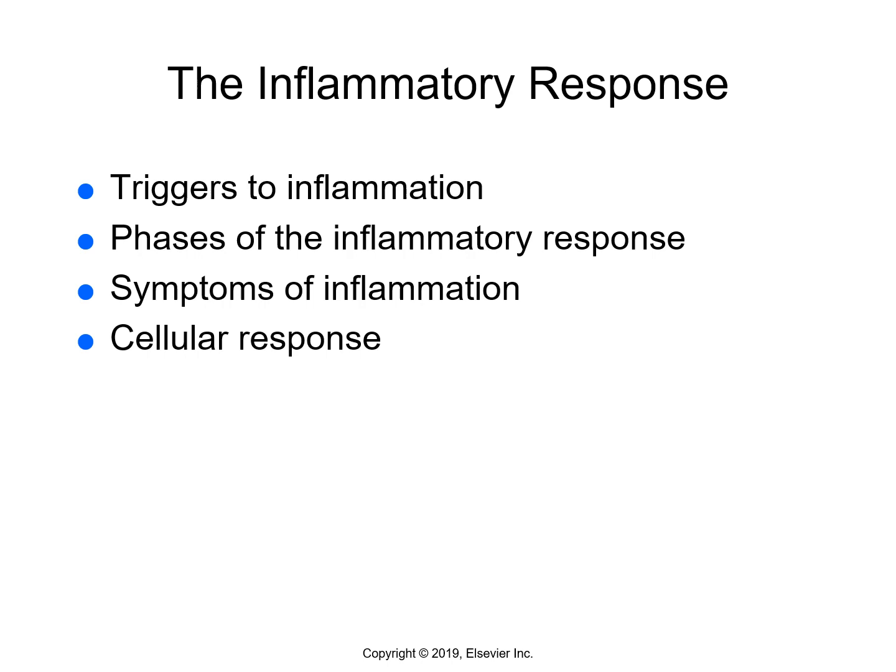Then there are going to be phases of the inflammatory response. And what are they? Remember your chemical mediators? So the damaged tissues are going to call those white blood cells and all those inflammatory chemical mediators that cause the inflammation. What are those mediators?